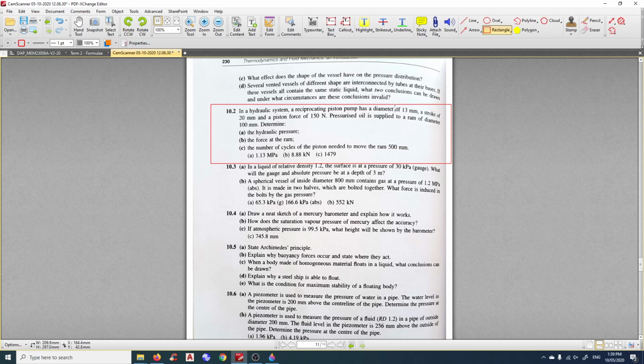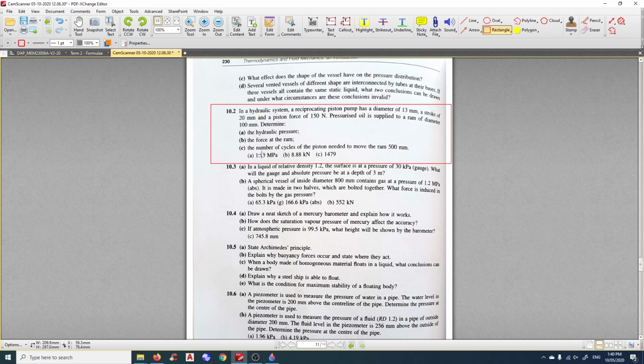Now the diameter is 13 mil. The stroke is 20 mil, meaning the piston goes up and down by 20 mil. The piston force is 150 N, and the pressurized oil is applied to a ram of diameter 100 mil. Question A, what's the hydraulic pressure? Then question B, what is the force of the ram? Questions A and B are similar to what we calculated before in the previous example.